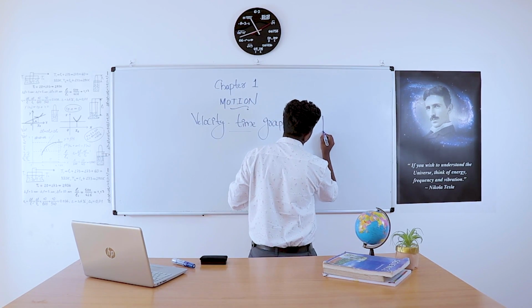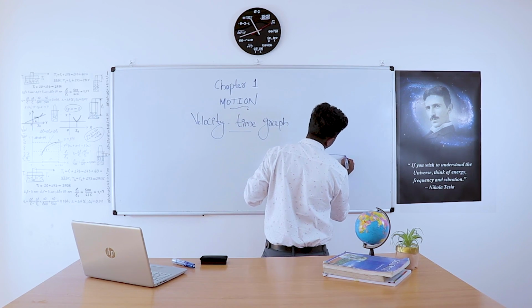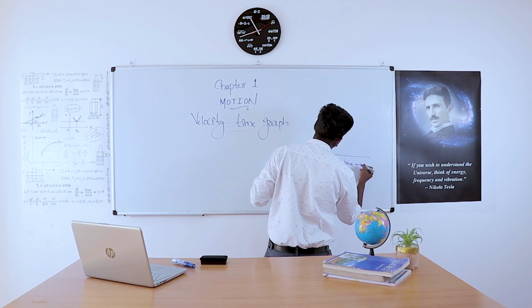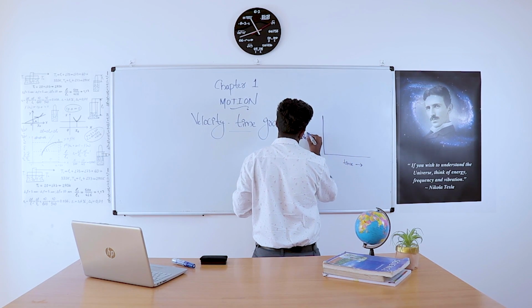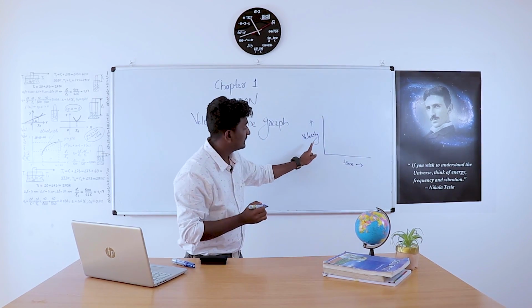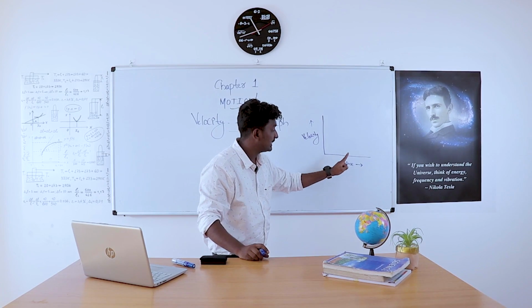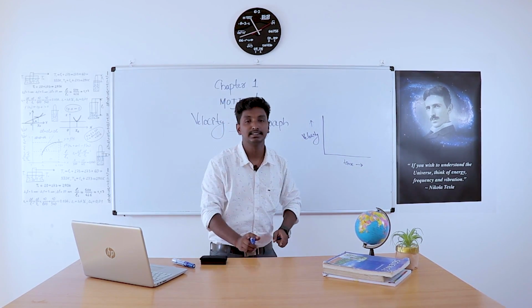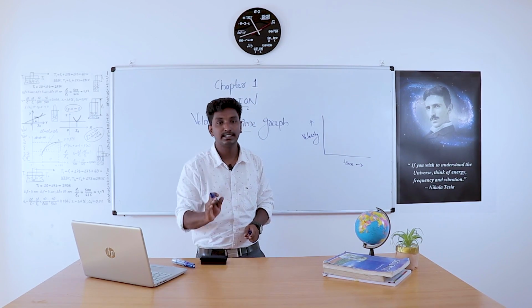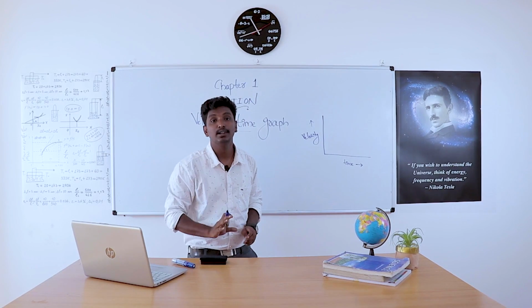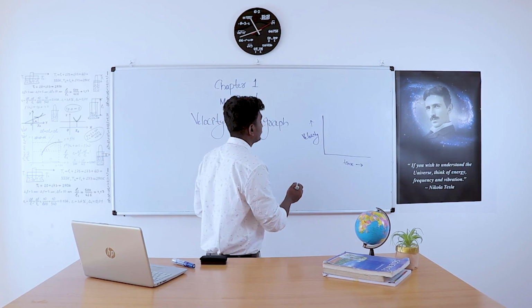Therefore, in the graph, we represent time on the x-axis and velocity on the y-axis. Then we get the velocity time graph.